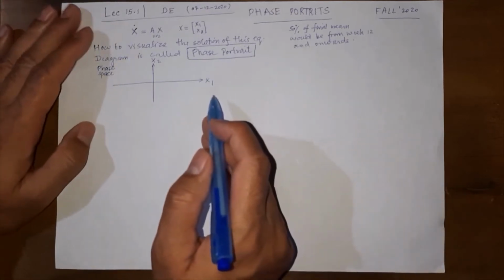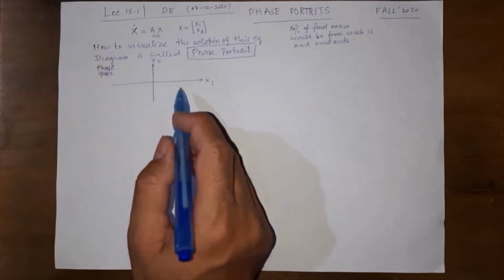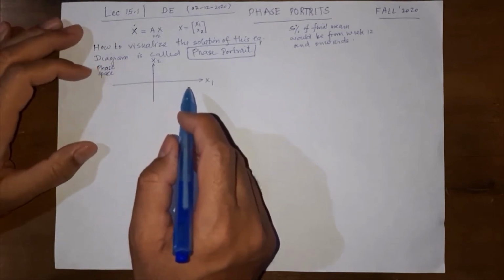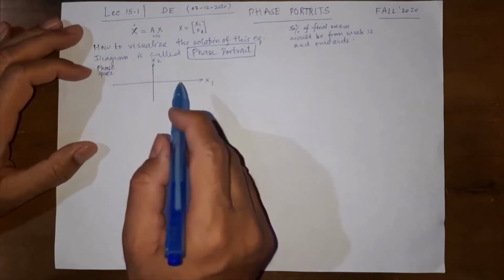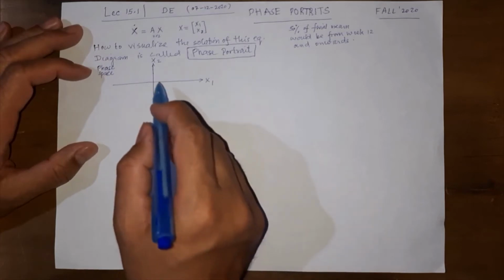So in real situations where we come up with such equations, it is often very handy if we can visualize what the solution would look like. So please pay close attention.